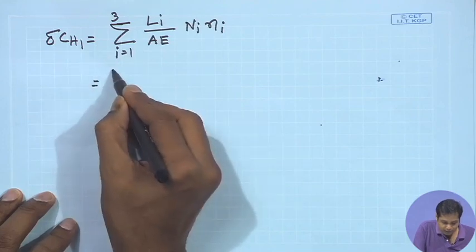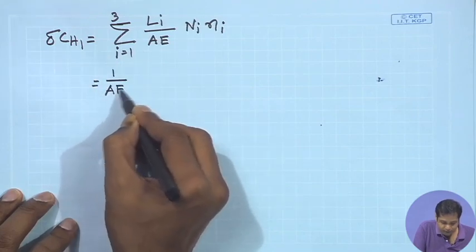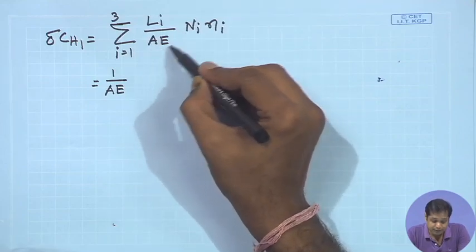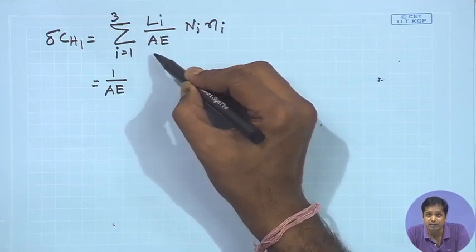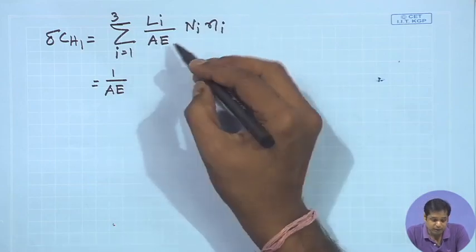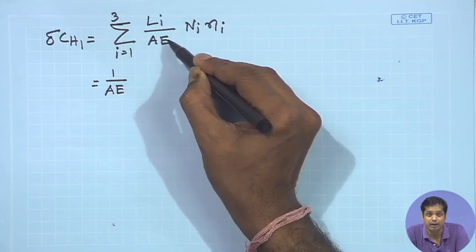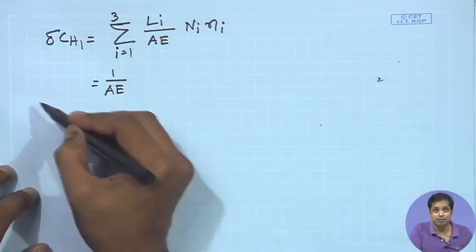So, 1 by AE we can take out. Please remember, if AE is not constant and it is different for different members, then you need to write it for each member, but in this case it is constant, that is why you can take it out.